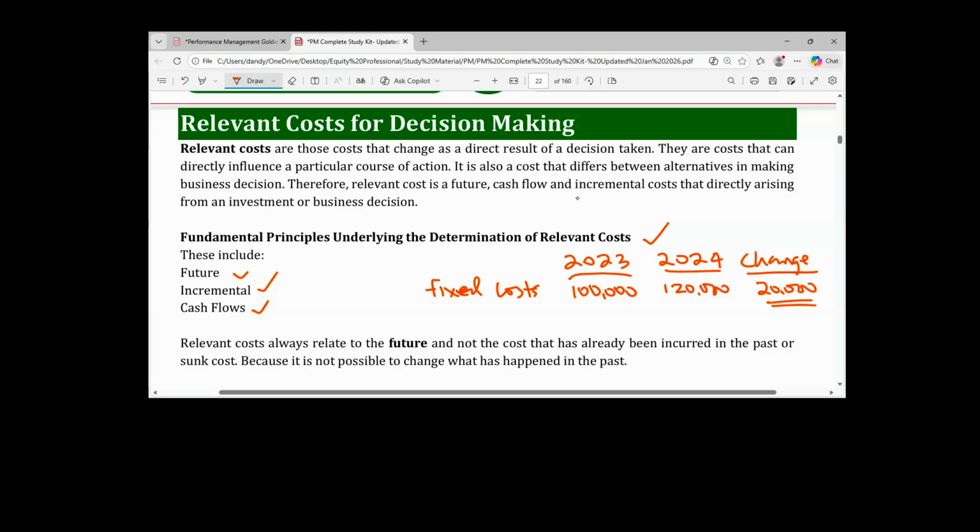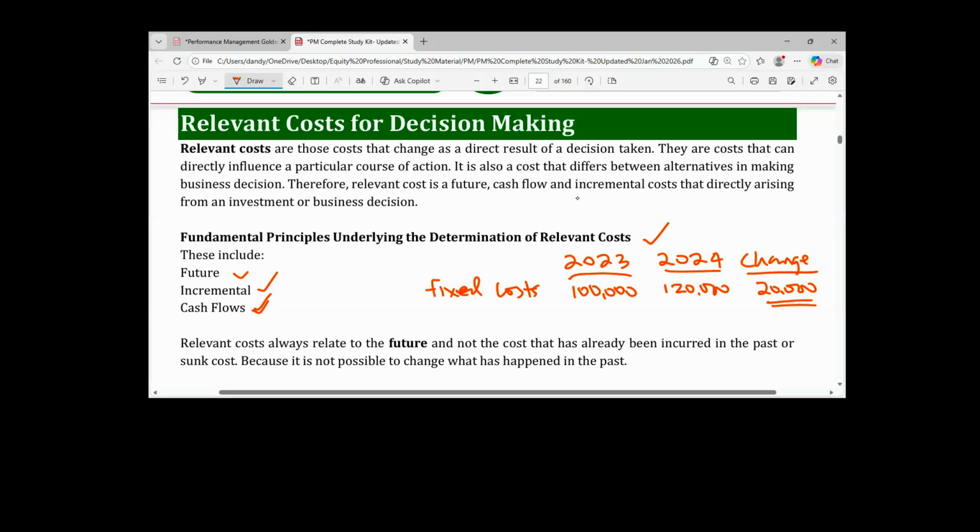Then the third one is cash flow. Relevant costs are future cash flows. They are cash items, which simply means that any non-cash item or notional costs, such as depreciation, amortization, or provision, are not cash flow and therefore should be ignored.